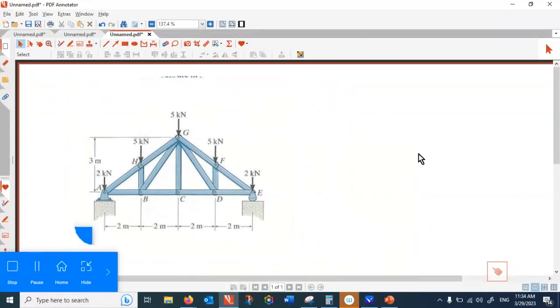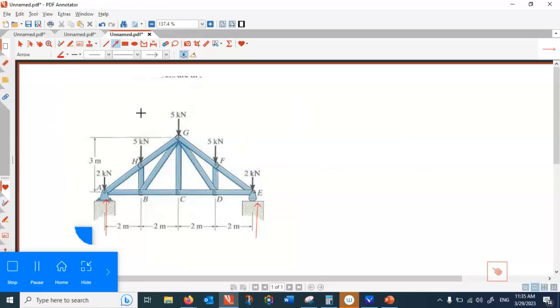So the 2 kilonewton at A and E are external forces. These are not the reaction. So to find the reaction, you have to release them. You get one force here and two forces here. Of course, no horizontal force. Given the symmetry of the structure and of the load, both load and geometry are symmetric, correct?